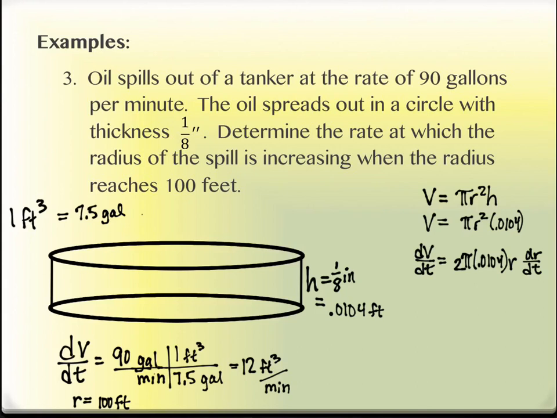Again, just like before, I have almost all these pieces. I have dV/dt. I have r. So I can find dr/dt. So dV/dt in cubic feet per minute is 12. So 12 on the left. I have 2 pi times 0.0104 and r, which is 100, and then dr/dt.